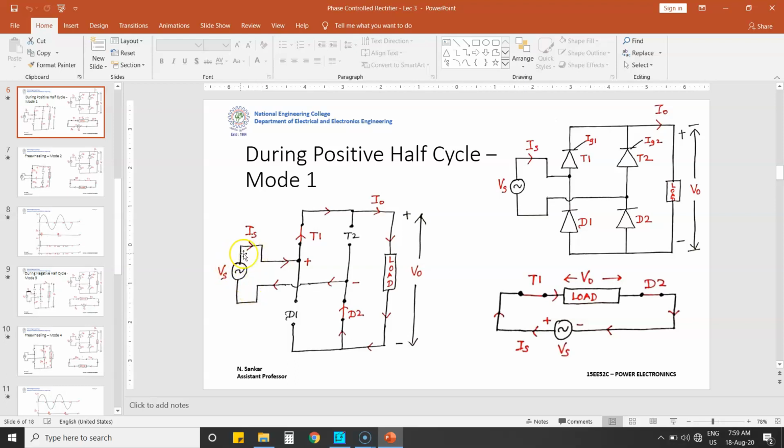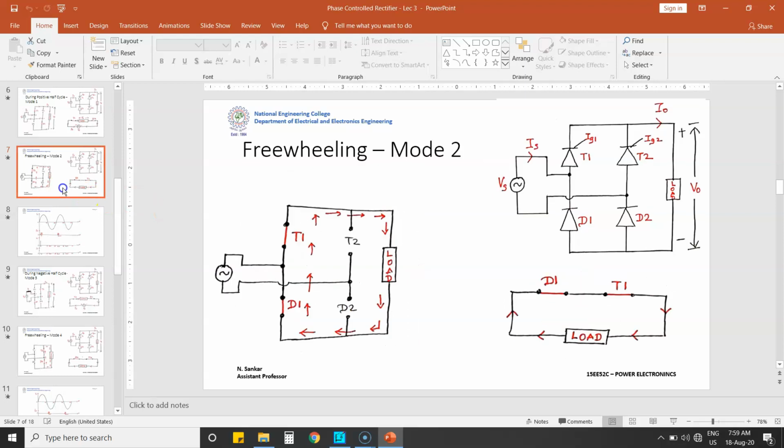Whenever your supply changes to the negative half cycle, this will become positive and this will become negative. Whenever this becomes positive, diode D2 will get reverse biased, and at the same time diode D1 will get forward biased. So even though we haven't started triggering T2, T1 will be on, D2 will turn off or be reverse biased, and D1 will be forward biased. So this is off and this is on.